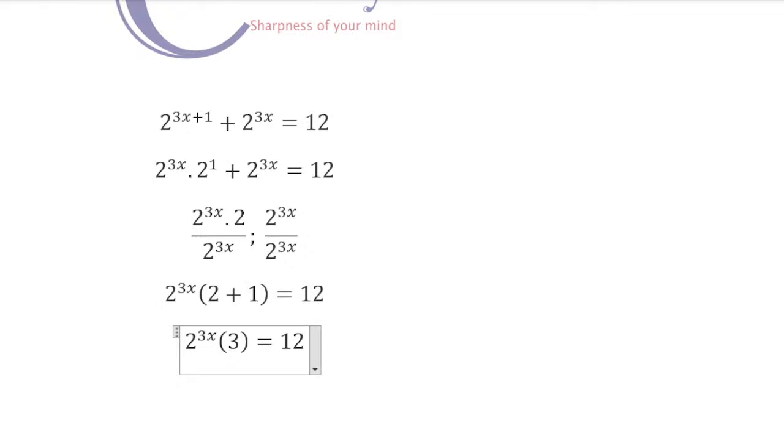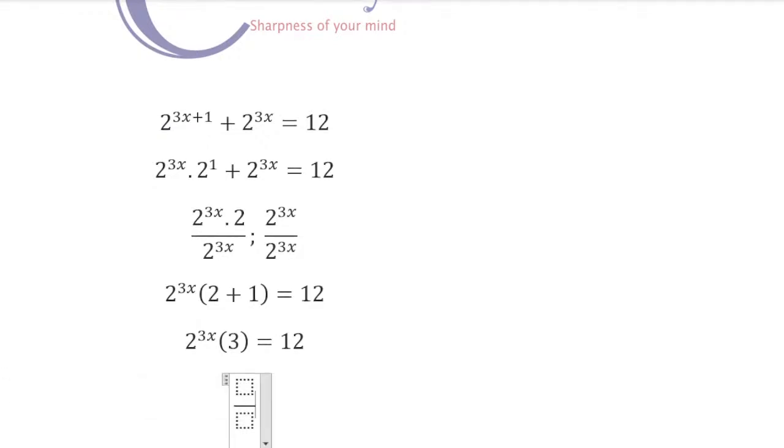Remember, we're still simplifying the left hand side. As you can see, we just need to divide each term by 3. The left hand side we're dividing by 3 and the right hand side we're dividing by 3.